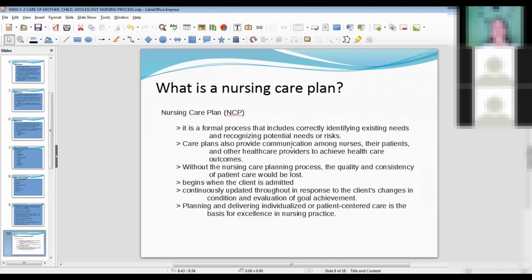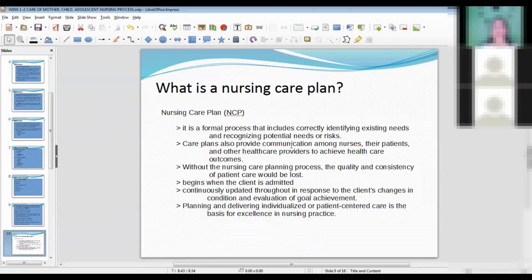Example, kung yung patient ninyo may open wound, and clear na nakikita natin by merely observing yung wound na may reddened surroundings, meron siyang redness and tenderness upon palpation. So this is a potential risk for infection.